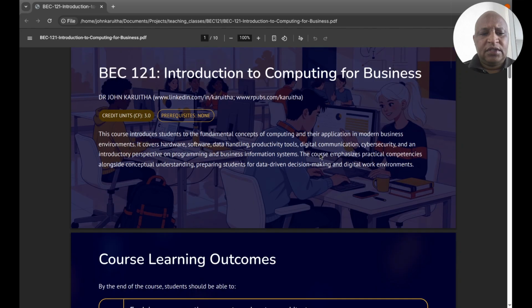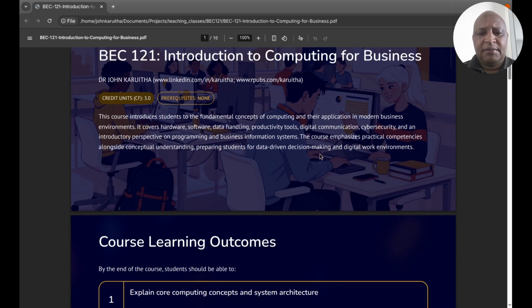So this course introduces students to the fundamental concepts of computing and their application in modern business environments. We are going to cover hardware, software, data handling, productivity tools, digital communication, cybersecurity, introductory perspectives on programming, and business information systems.